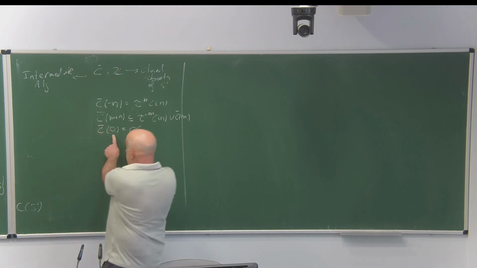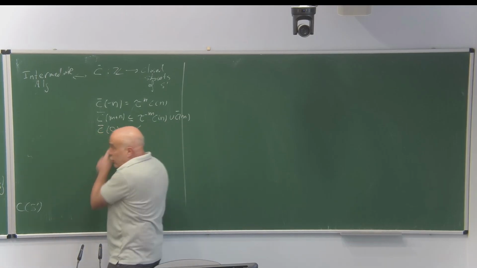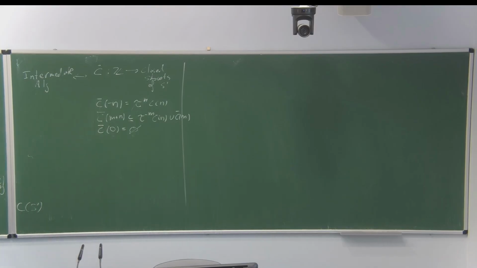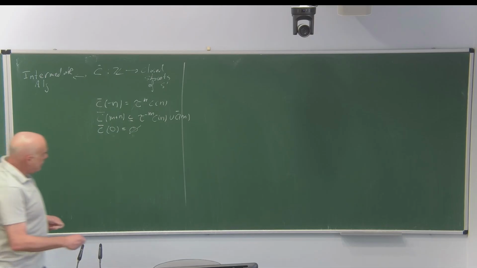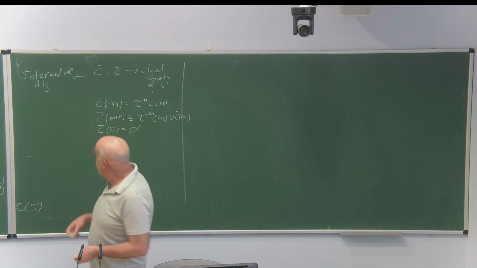The fact that C bar of 0 is empty corresponds to our assumption that we actually contain the whole reduced C-star algebra.